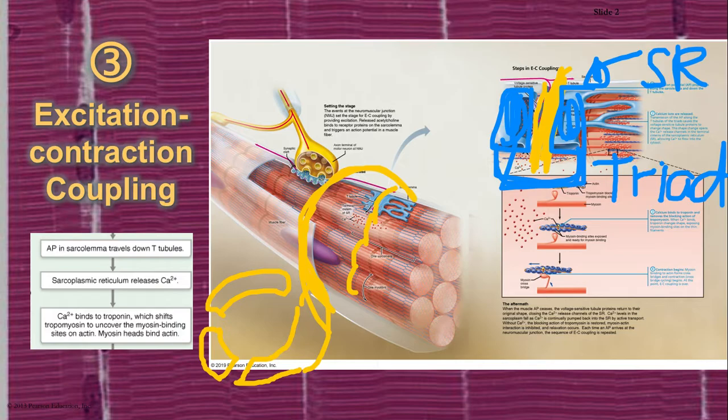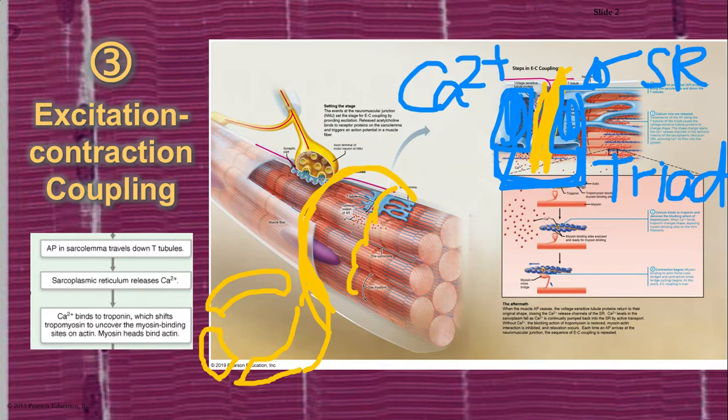Okay. What does the sarcoplasmic reticulum hold inside of it? It's a reservoir for calcium. Okay? So we've got a bunch of calcium stored up in the sarcoplasmic reticulum right beside these T-tubules that's connected to the plasma membrane where the action potential is going on.